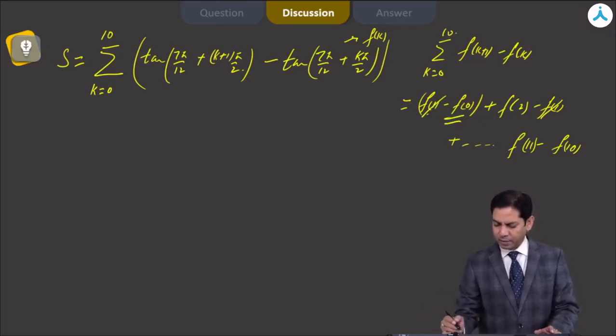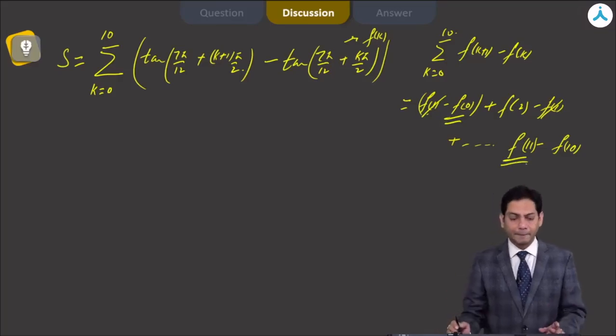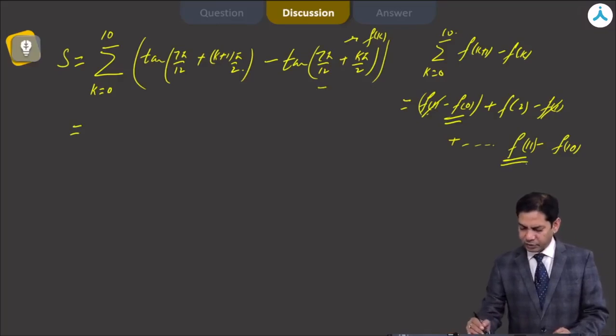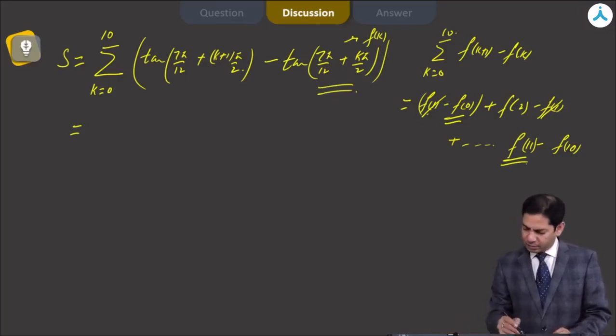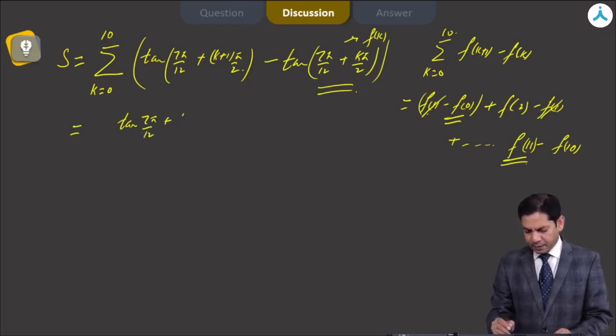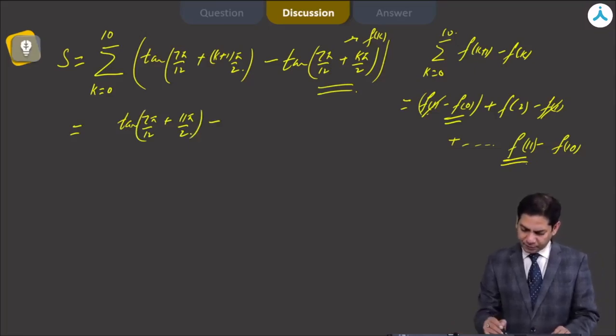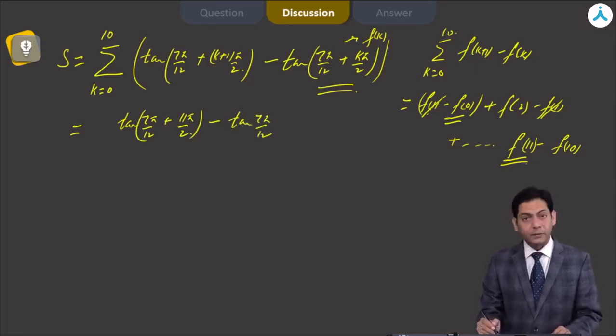Only this part and this part will remain. So we are getting f(11) minus f(0). So f(11) will be tan(7 pi by 12 plus 11 pi by 2) minus f(0), which is tan(7 pi by 12) only.